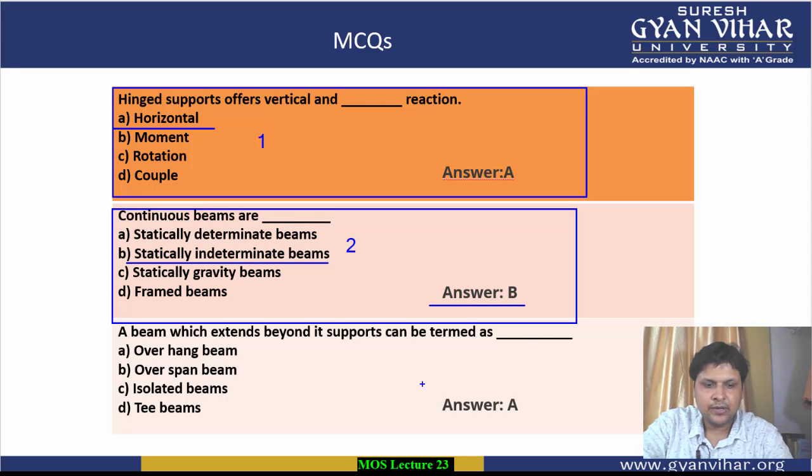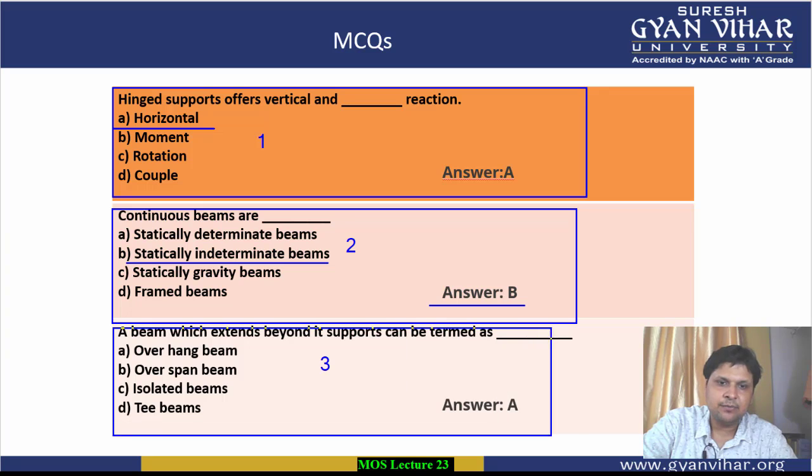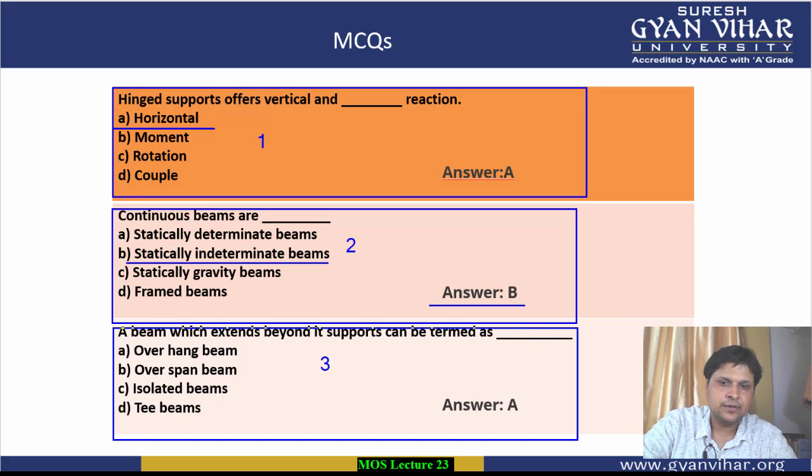Coming to MCQ number 3. What is the question saying to us? A beam which extends beyond its supports can be termed as, so if a beam extends beyond the support, it is known as an overhanging beam.